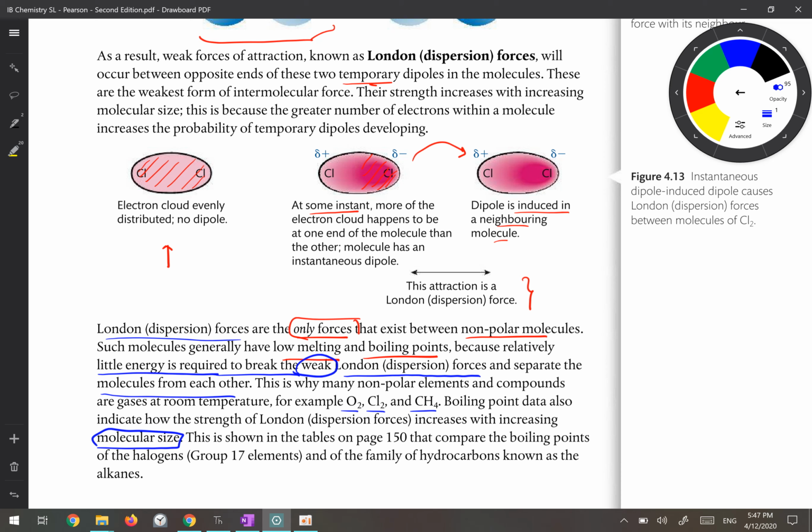That's why if you have non-polar molecules and you want to compare their boiling points or melting points, you have to check their molar mass. The one which has greater molar mass has more electrons, and the chance of forming a temporary dipole increases. So the London dispersion force for that molecule becomes bigger.